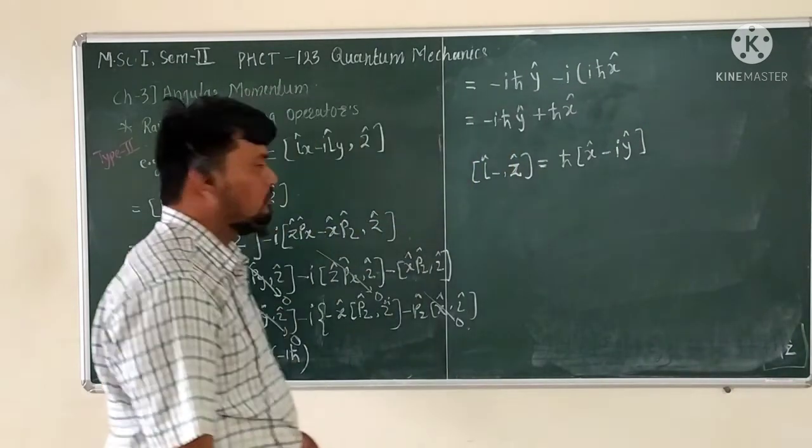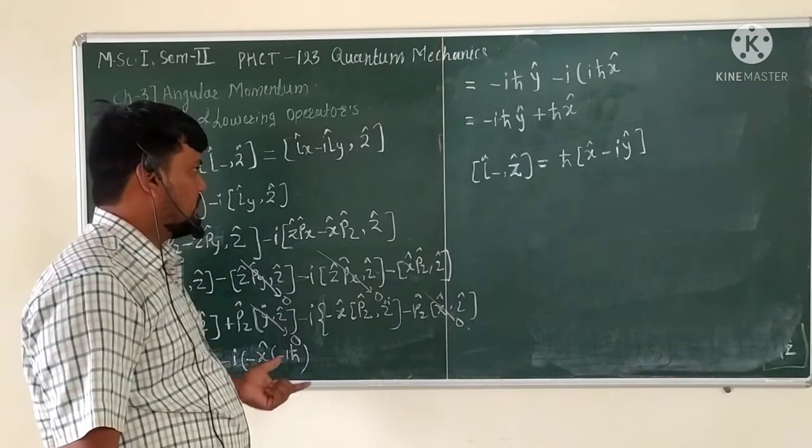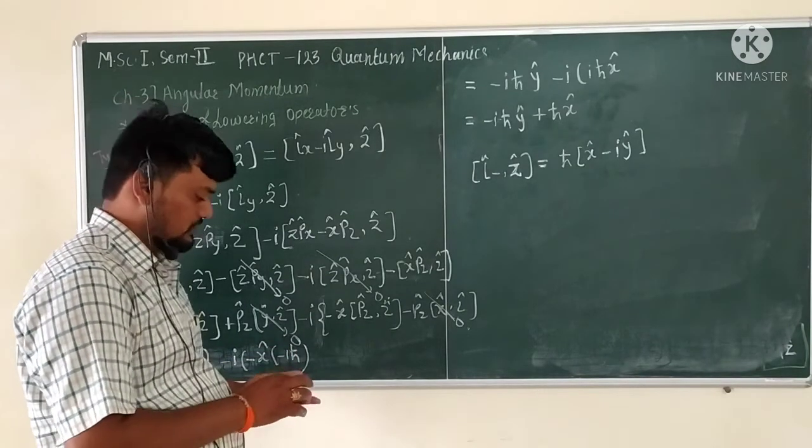So this is the final result of the commutator bracket of L minus operating on z cap.